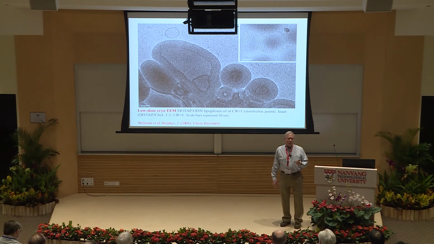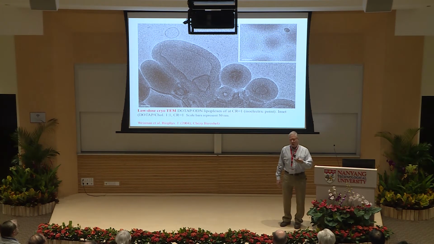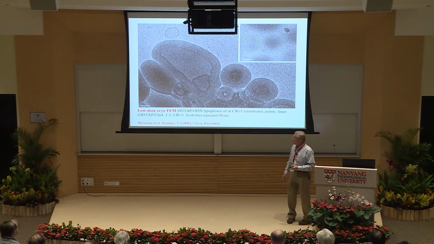So we take our images with about 100,000 times fewer electrons than what biologists typically use when they look at dry specimens. Of course, this leads to some noisy images, but it's better to record noisy images of the real structure and not something that has been changed by the electron beam.